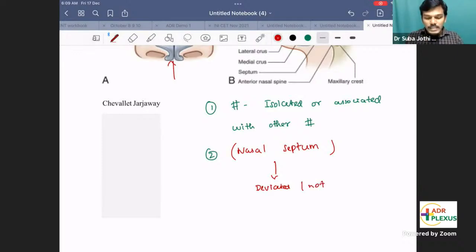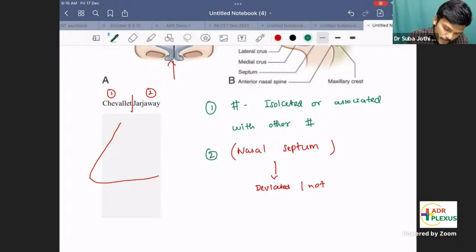If the nasal septum is deviated, it can be of two types: Chevallet fracture and Jarjavay fracture. So how can you differentiate nasal septum fracture into these two types? So if this is the lateral wall of the nose, if the blow is from the front, we call it Jarjavay fracture.